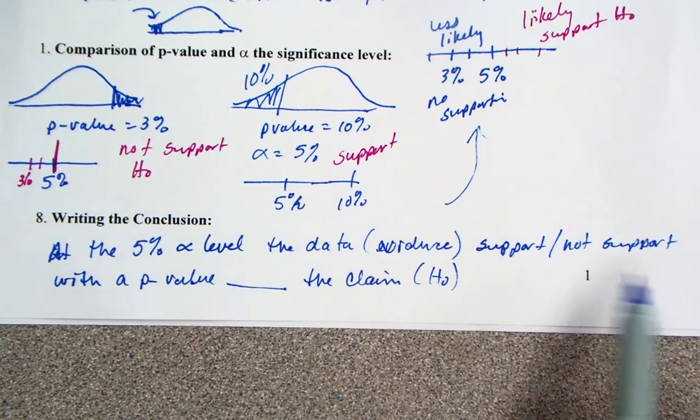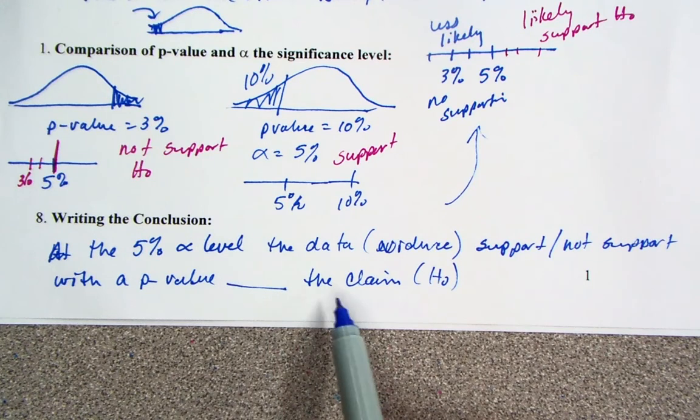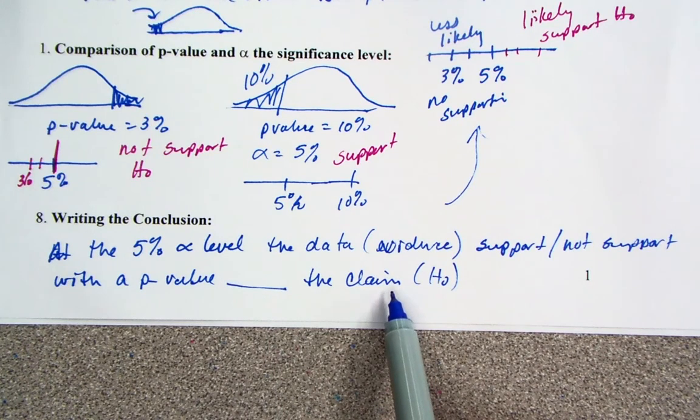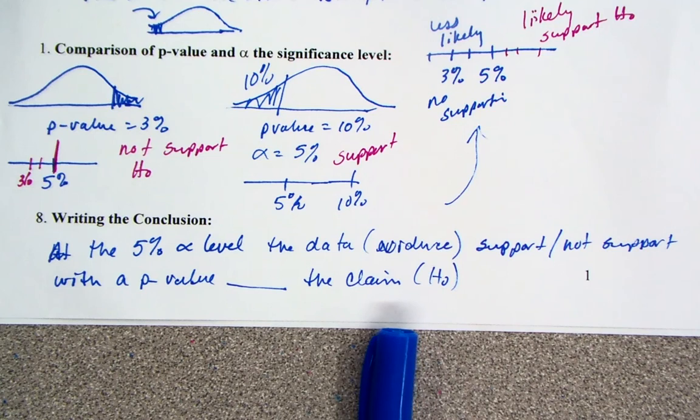It either is going to support or not support with a p-value of 10%, the claim. There are 15 chips per chocolate cookie, whatever we claim. So we'll be writing this a lot. So this is just a template that you can use to put your conclusion together. You need the alpha, you need the p-value, and what it is you're doing this on. Is it chocolate chips? Is it weight of the chip packages? What is it that you are not supporting or supporting?